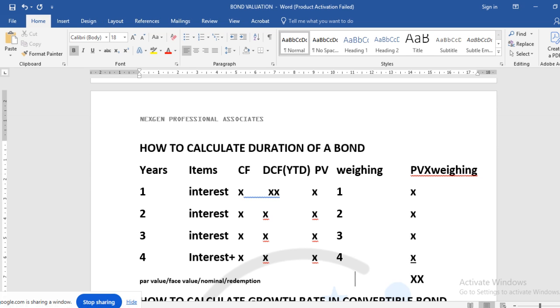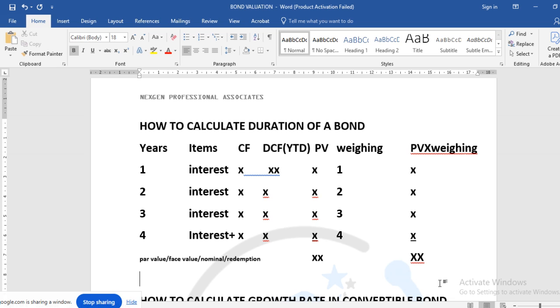Add your PV together. What do you have here? Let me put it this way. PV, right? You add it together, you have this. Now, duration of a bond. Although there are other formulas for it, I don't want to use that formula for duration of a bond, right?